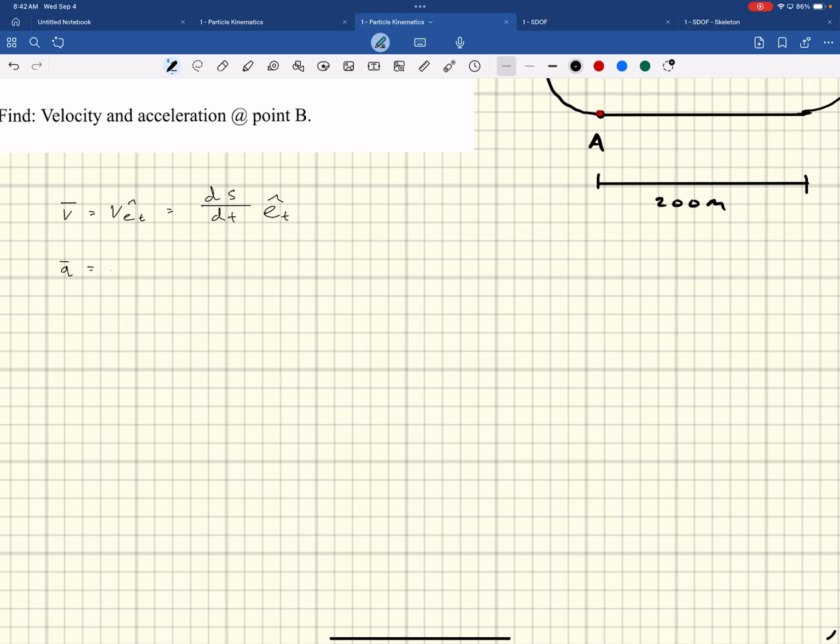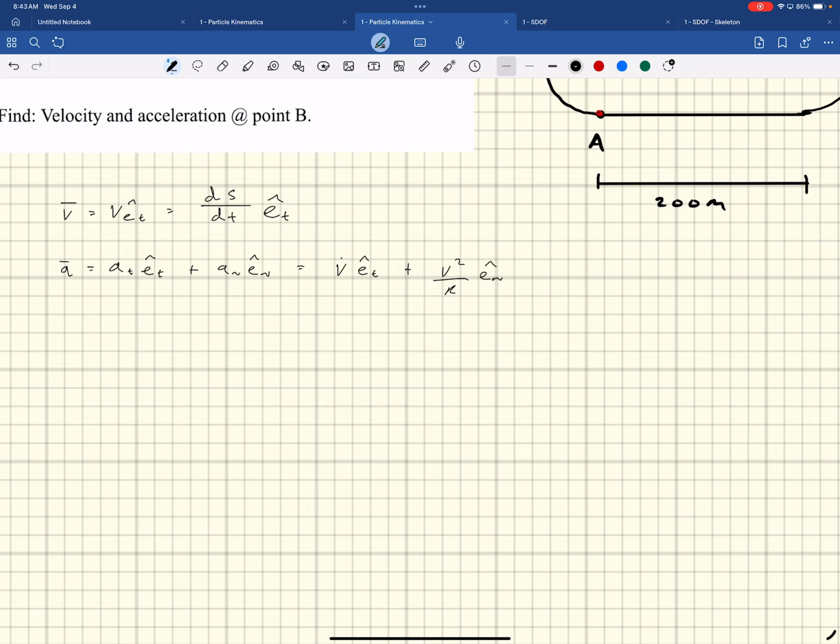Acceleration, again, is going to be a_t in the e_t direction plus a_n in the e_n direction. In this case, that's v dot in the e_t direction plus v squared over r in the e_n direction.